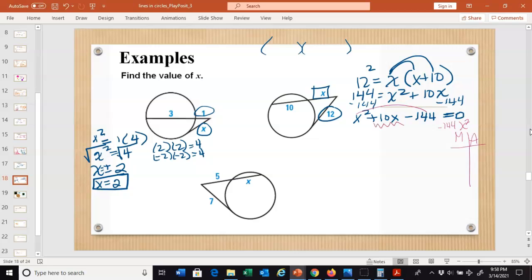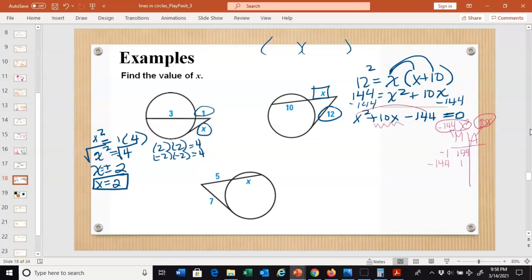To add up to give us the middle term. And that's why it's called the MA chart. Multiply to give us this and add to give us this. So step 1 is just listing the factors of negative 144. Like what times what is negative 144? And we know it's negative 1 and 144. 144, negative 144 and 1.